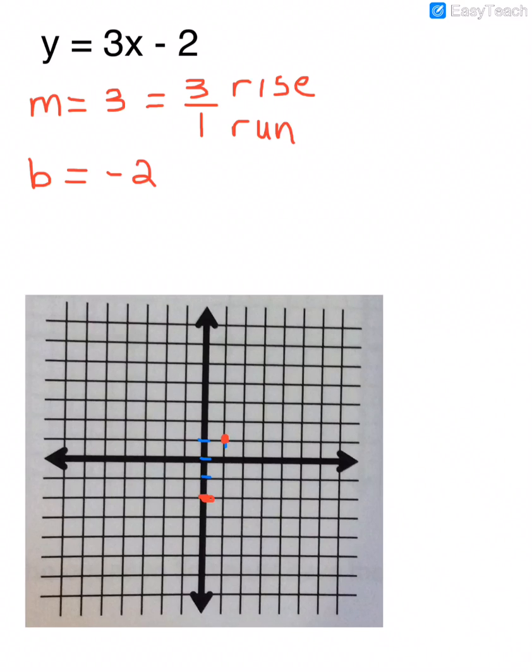And I can do that as many times as I want to help me draw my graph. I can rise again 1, 2, 3, and run 1, and put my dot. And I could do it again, rise 3, run 1, and then just connect my dots. And always remember to put arrows at the ends of your lines. And that's how you draw a graph in slope-intercept form.